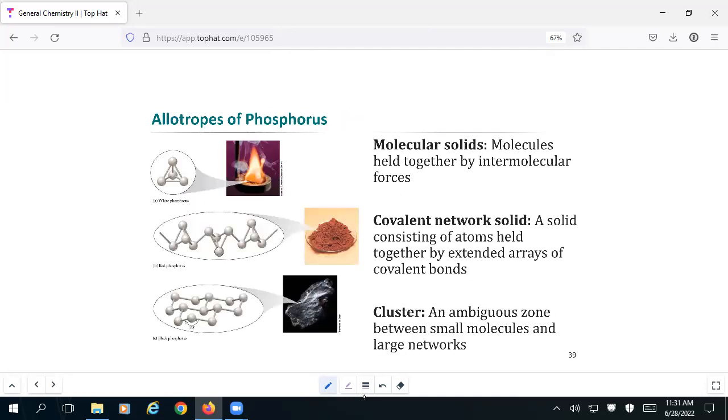Now, phosphorus also has a number of different allotropes associated with it as well. Maybe not as exciting or cool as all the different forms of carbon, but there are a number of them that do have some interesting concepts.